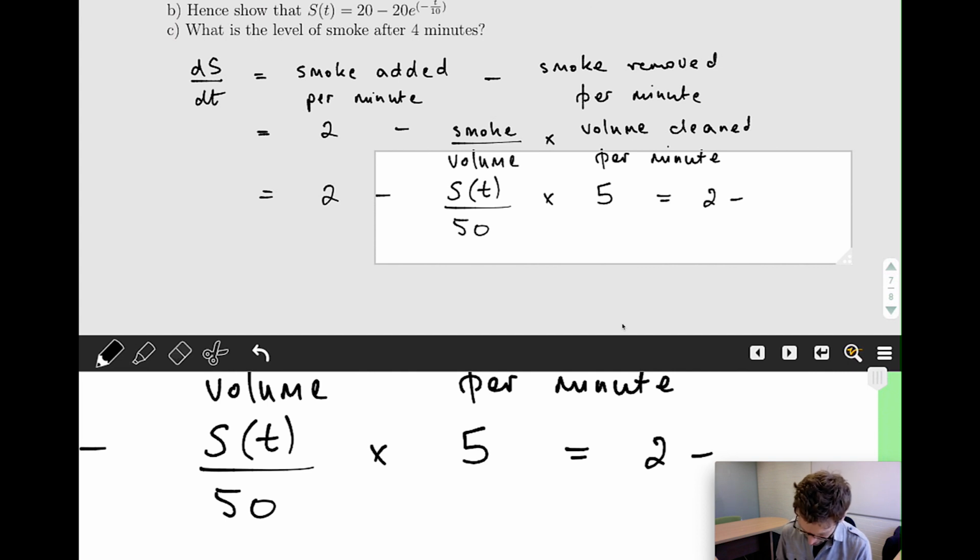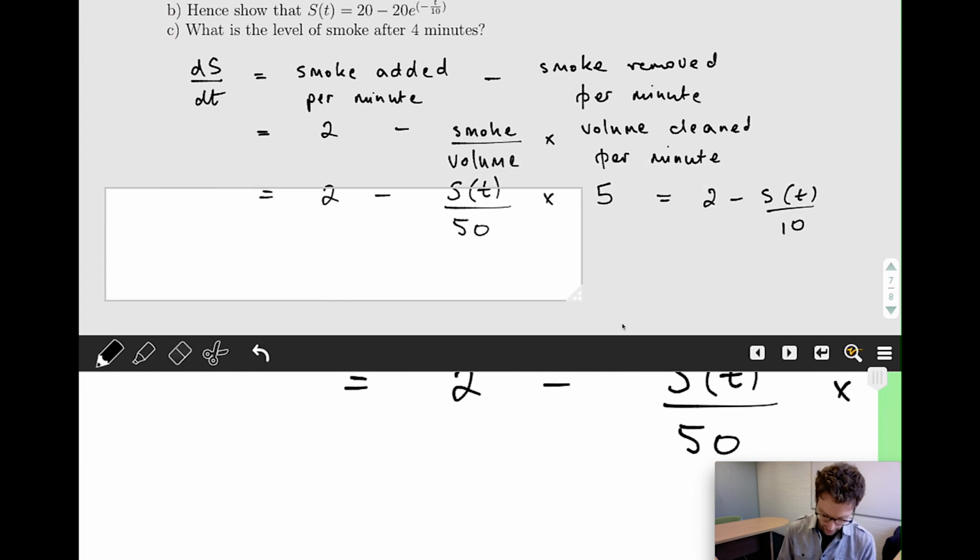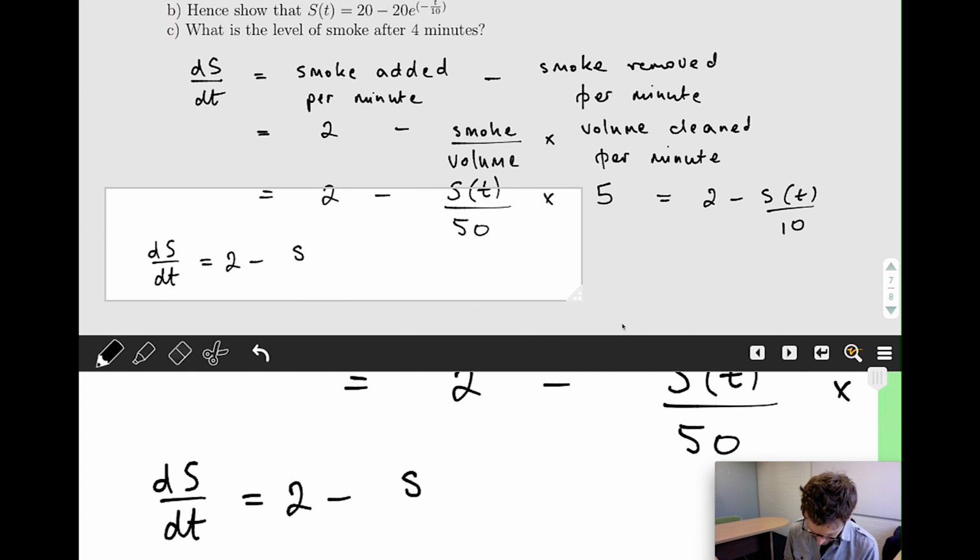So I've got 2 minus, I can cancel two factors of 5 on top and bottom, S(t) divided by 10. So that's my equation. Let me write it out again. dS/dt is equal to 2 minus S(t) divided by 10. That's my linear ordinary differential equation, and it's first order.